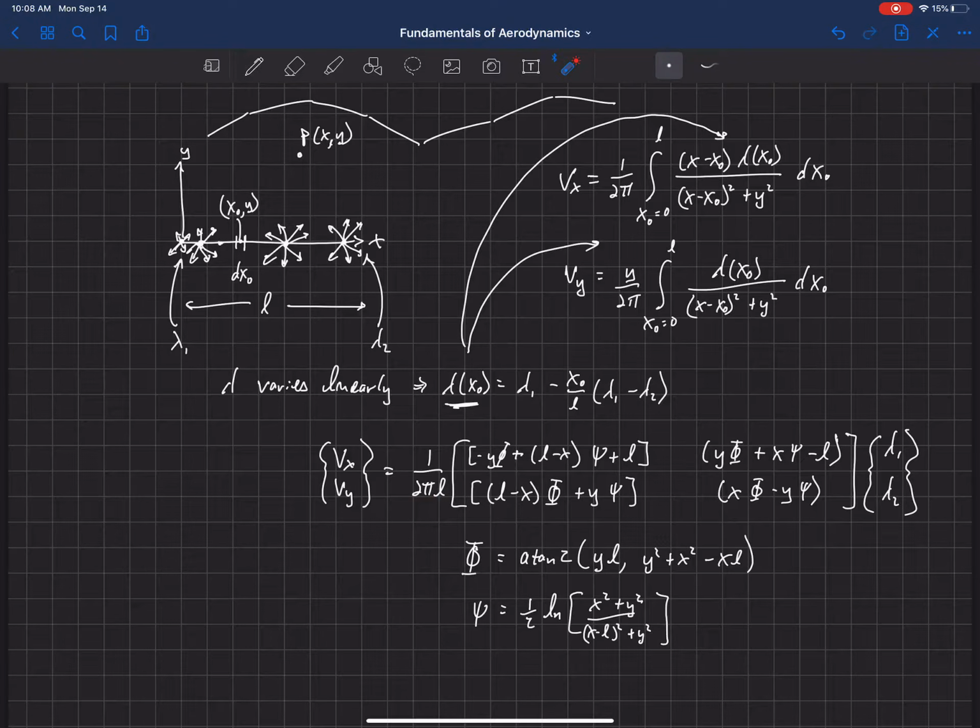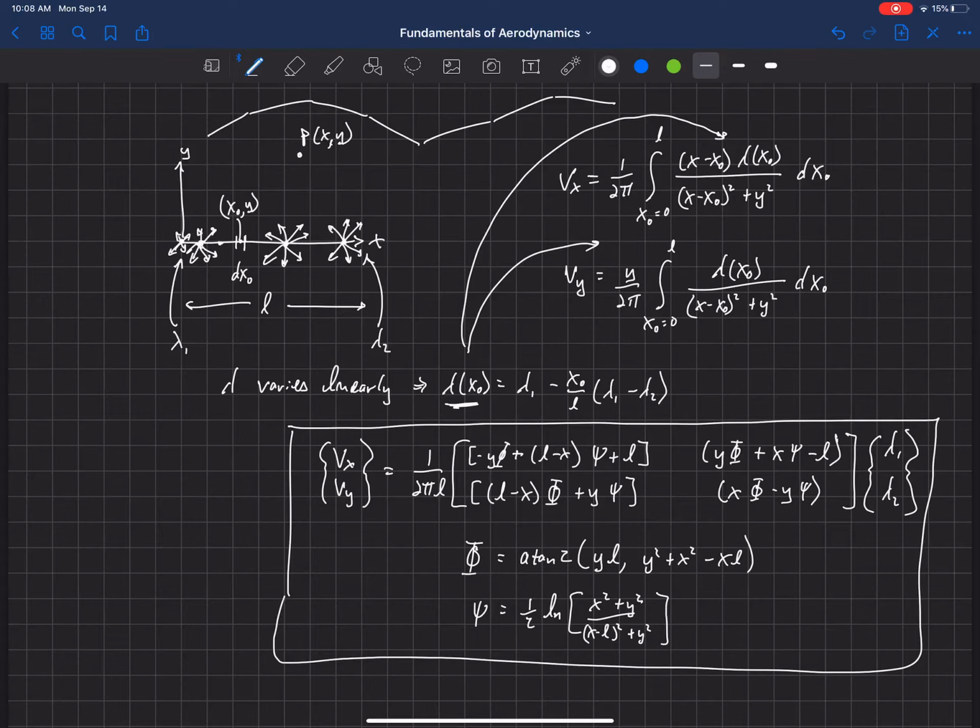So this gives us the equation for the velocity induced by this source panel on any point in space, P of x, y, as long as that source panel varies linearly from lambda 1 to lambda 2.